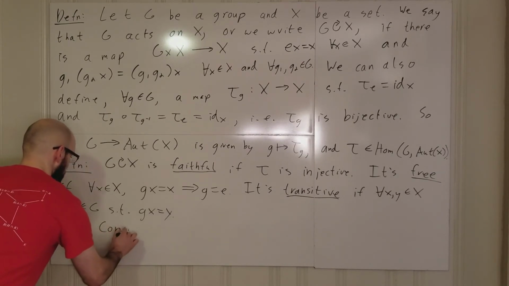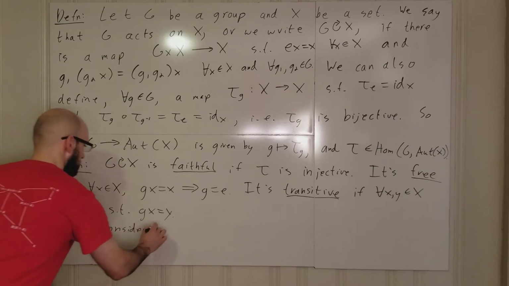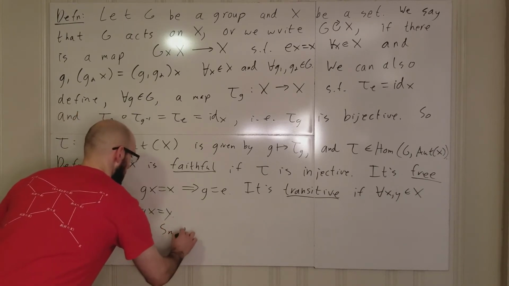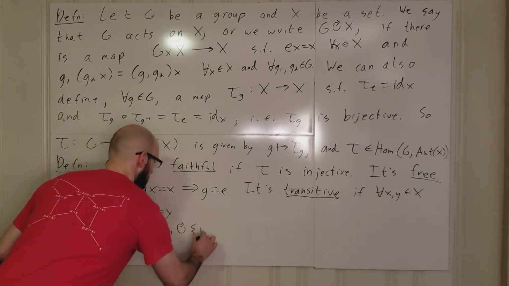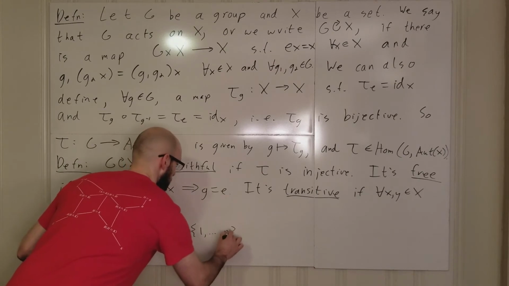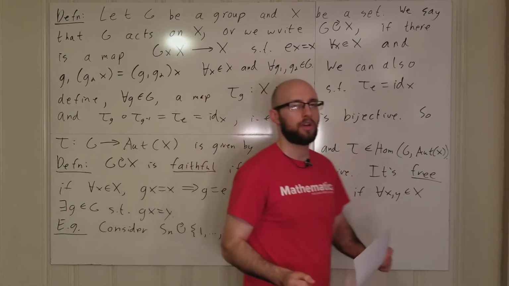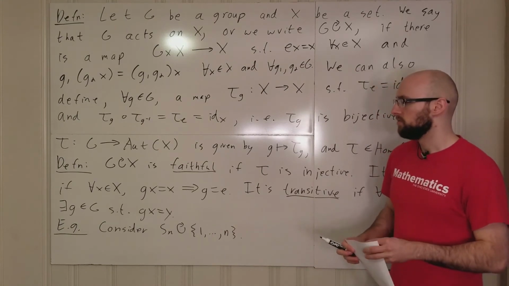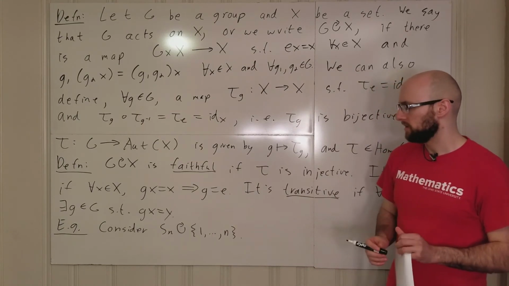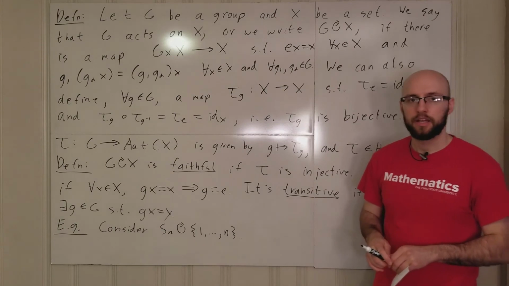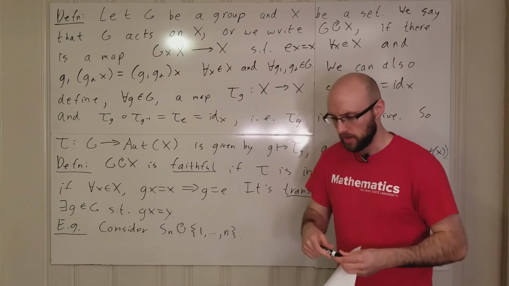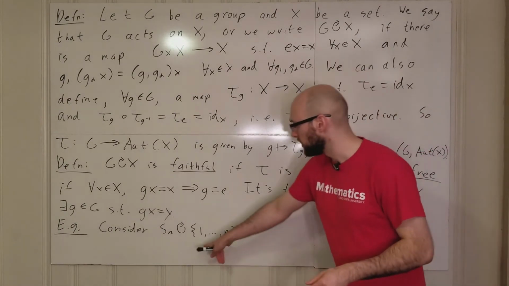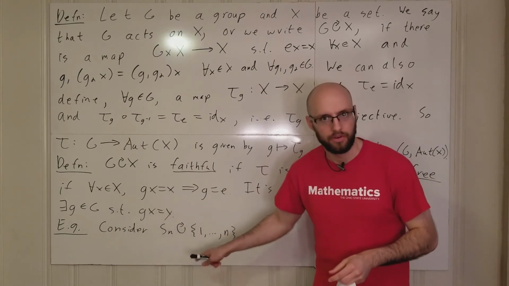So let's look at some examples. Consider S_n acting on the indices from 1 to n. So what is this action? You take an element of S_n. An element of S_n is going to be a bijective map from 1 through n onto 1 through n.